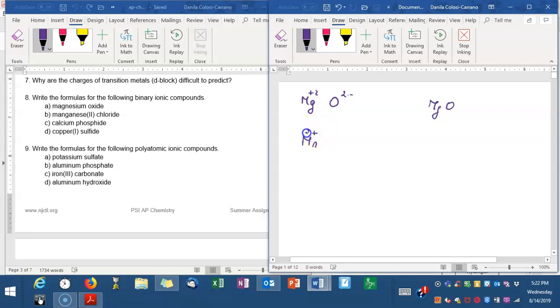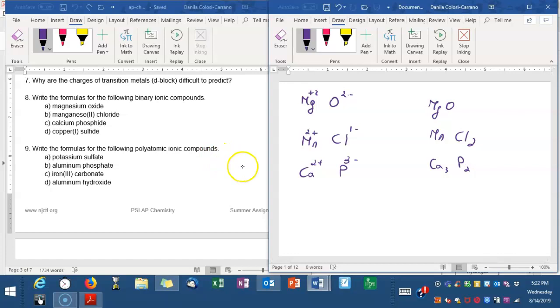Manganese has a 2+ because they are saying so, and it's getting married with chloride, which is a -1. At this point you have to balance those charges, so you need a manganese and chlorine with a 2. And then calcium phosphide, you need the calcium, which is a 2+, and the phosphorus, which has the 3-. So you need a Ca3 and P2.